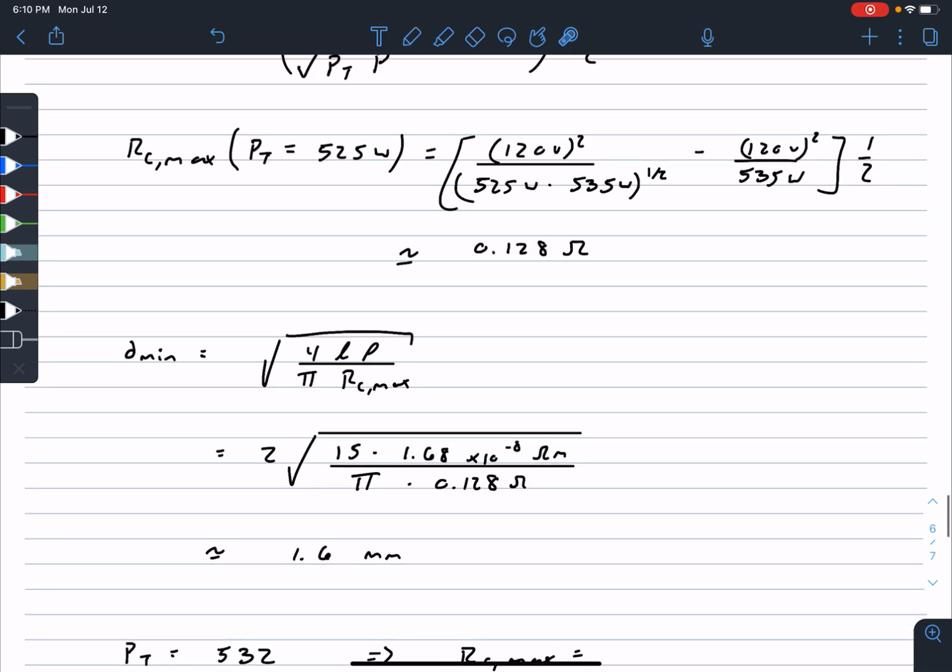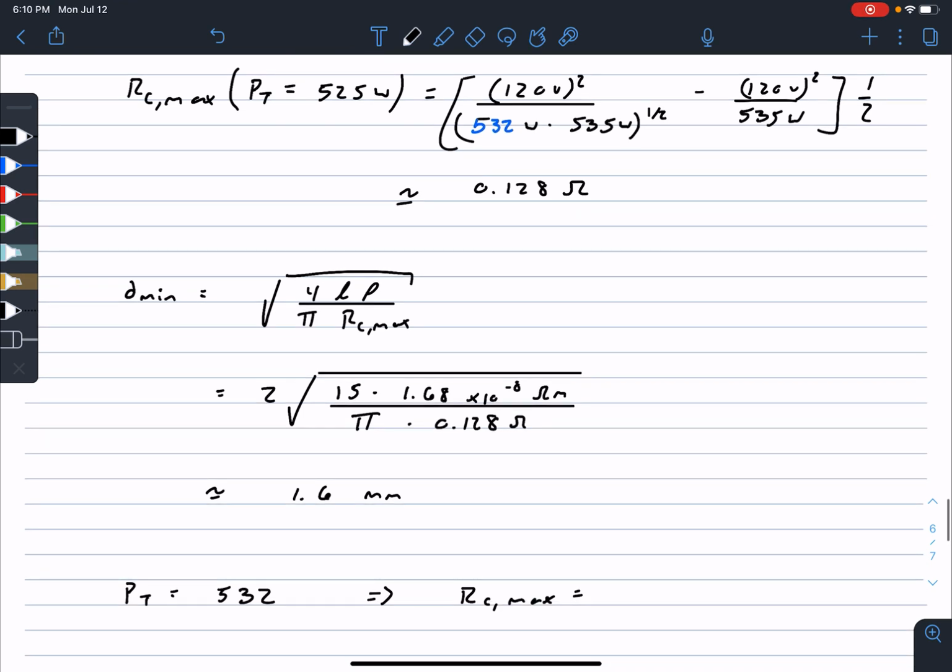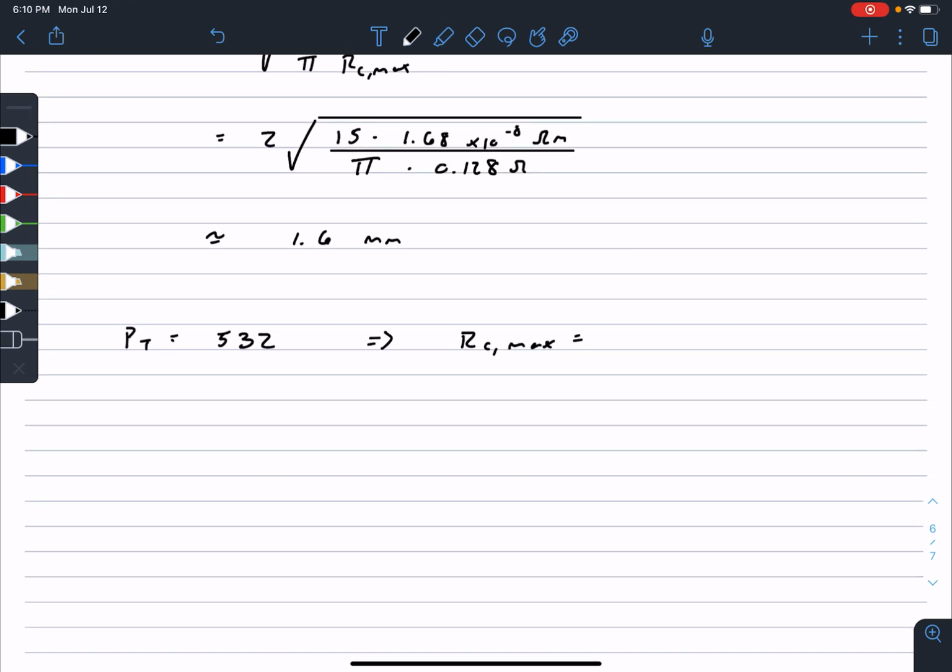Remember, we had this formula, so we plug that in here. So instead of 525, we plug in 532, right? That is going to give us a value of 0.0379 ohms. And then I plug that into the d minimum.